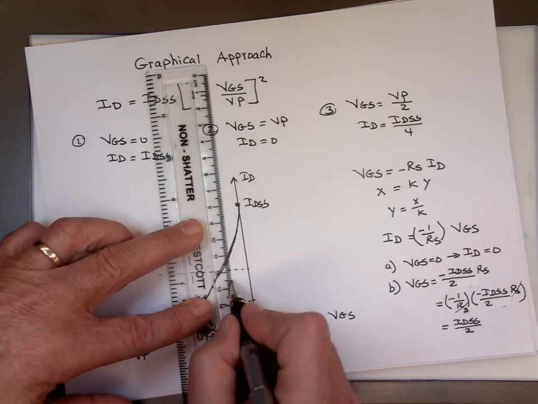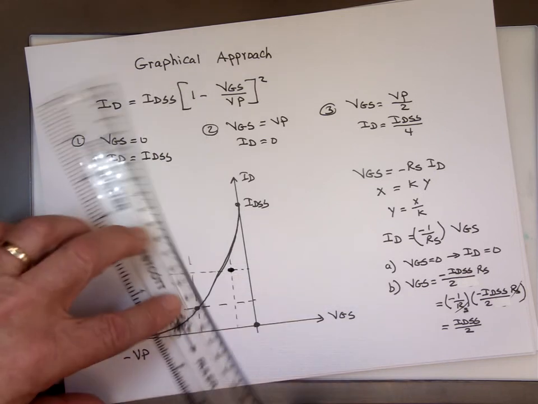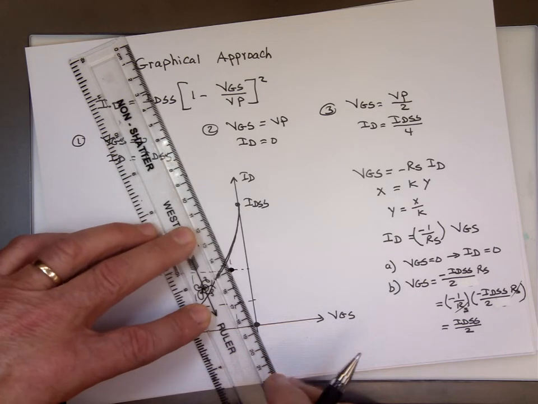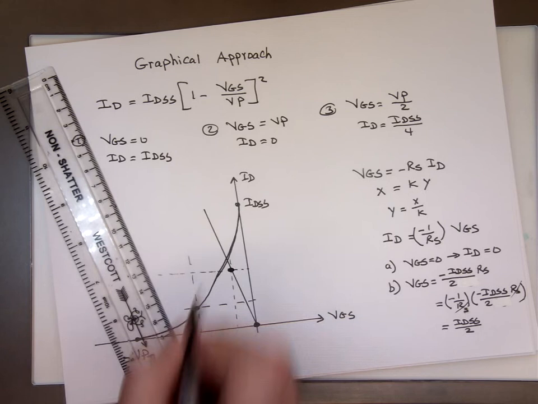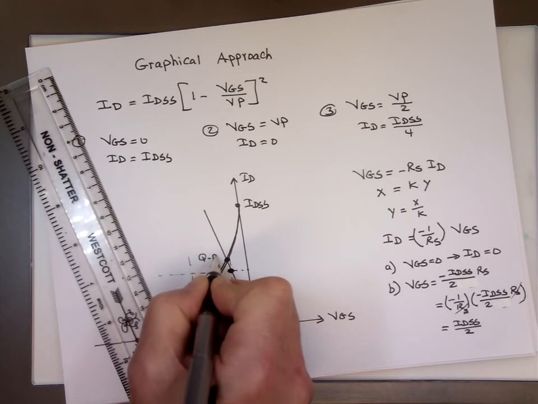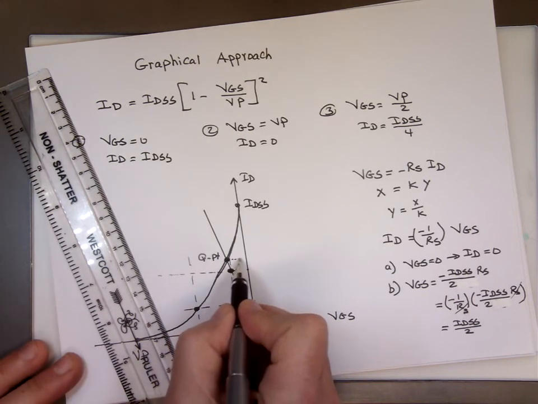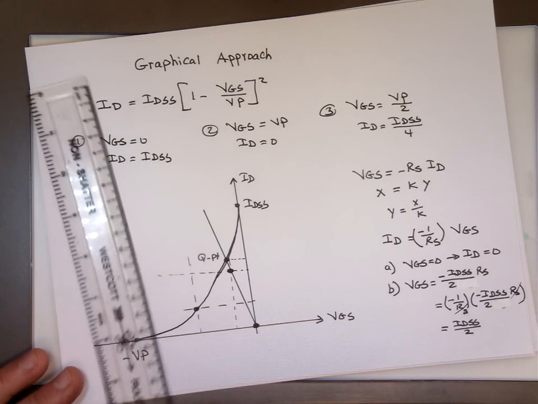That gives me my second point, and I'm going to draw my line from this to that, and here's my Q point. So we will have this much current going through it, and we'll have that voltage at that time, right there. And that's much easier, especially if I gave you some numbers in this example.